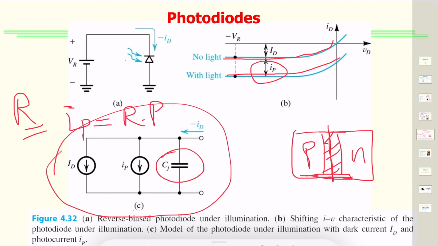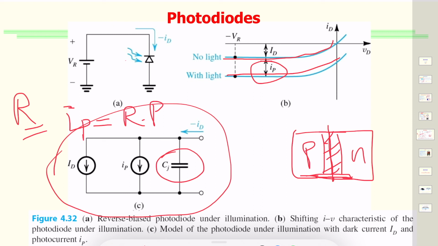What happens is a single incident photon can set off an avalanche effect, which results in more than one electron hole pair. So these are very sensitive photodiodes, and they can exhibit much higher responsivities. But of course, they have to be biased at a very large voltage.